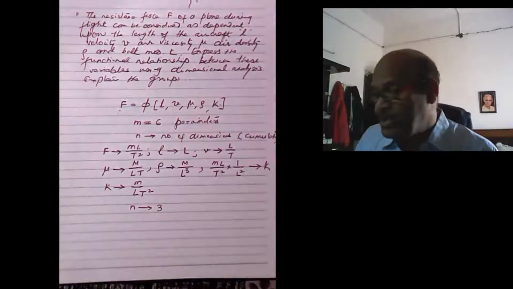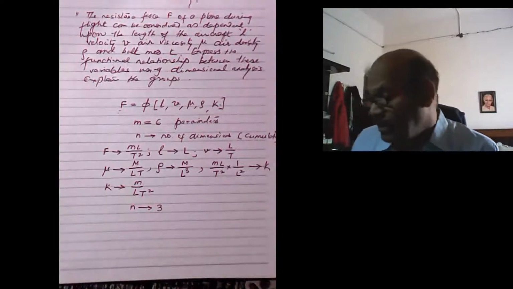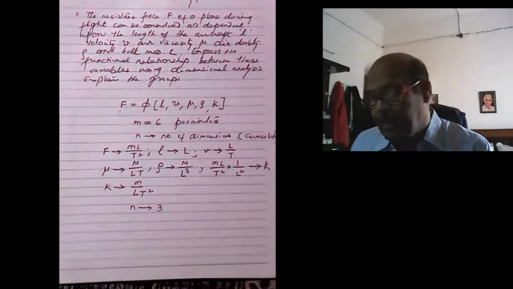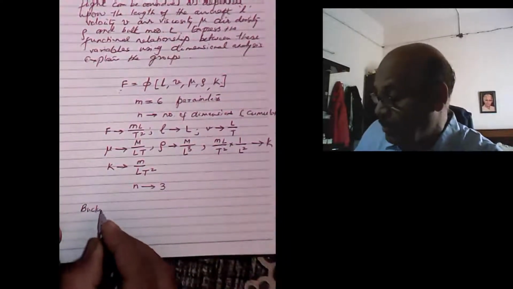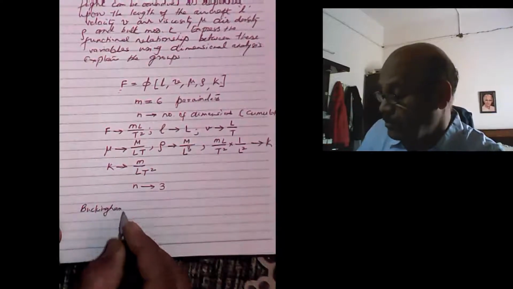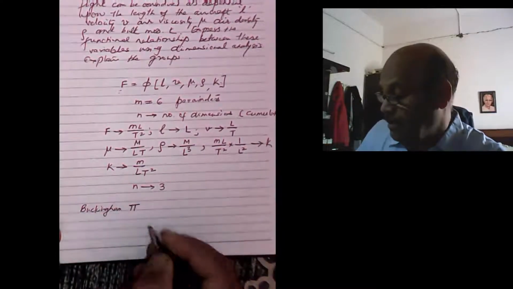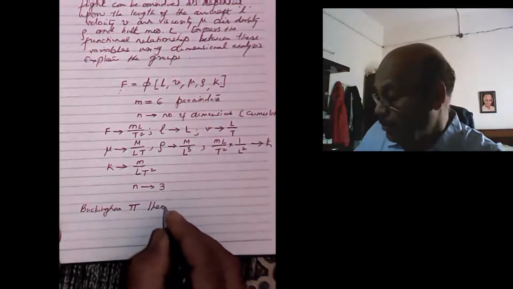The number of groups that could be formed is given by what is called the Buckingham Pi Theorem. So let me give you the Buckingham Pi Theorem.